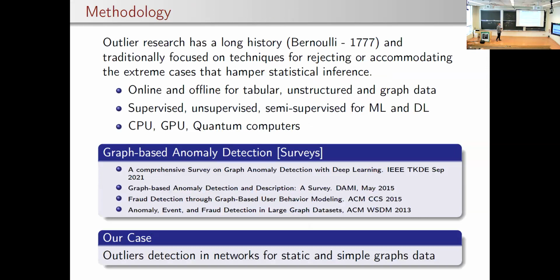So outlier detection has a long history. It's nothing new, but it is a set of techniques that try to reject or find extreme cases. In practical cases, you can use online learning or offline processing for any kind of data: tabular data, unstructured data, graph data, whatever you want.